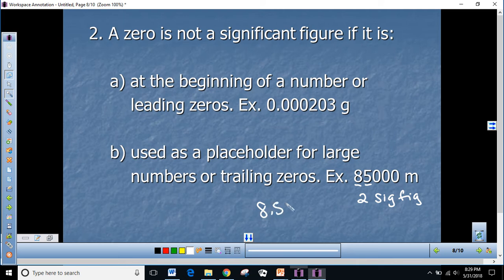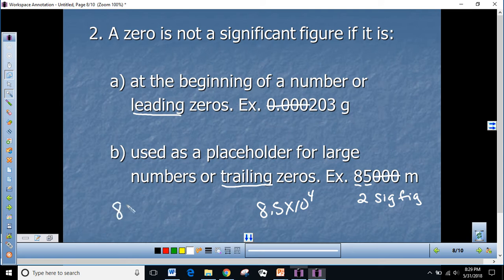Again, if you don't want to think about it too much, you could put it in scientific notation, 1, 2, 3, 4, and that would be to the positive 4th power. So these are called placeholders, or trailing zeros, and those are leading zeros. We're not going to look at those.